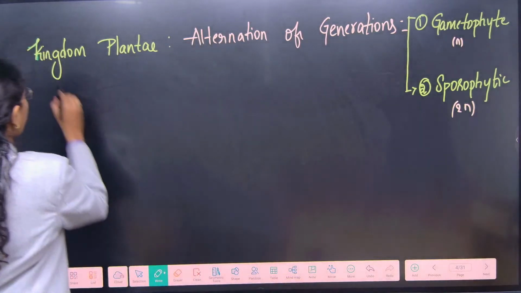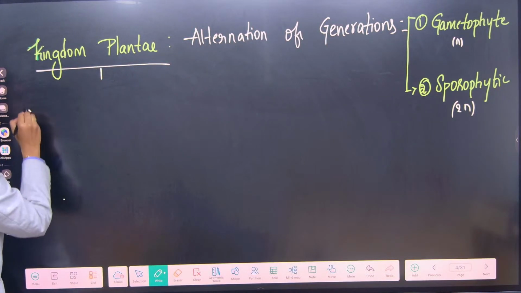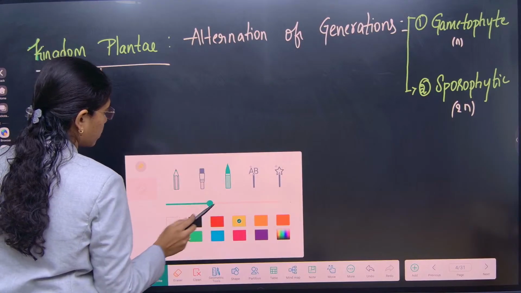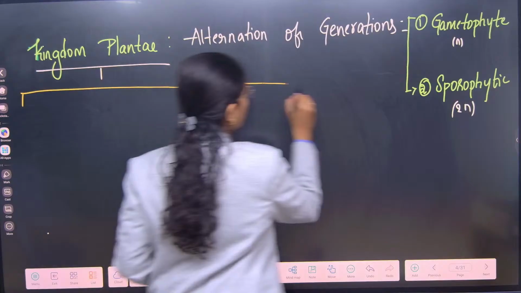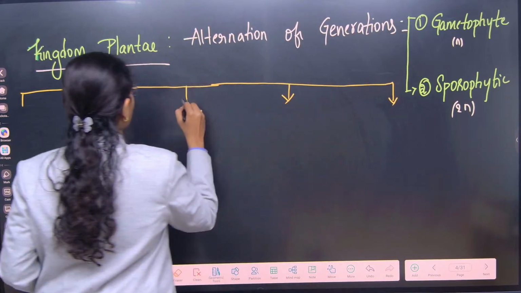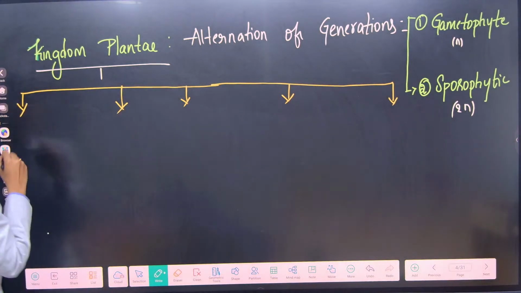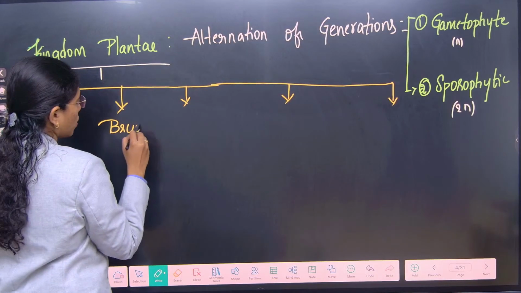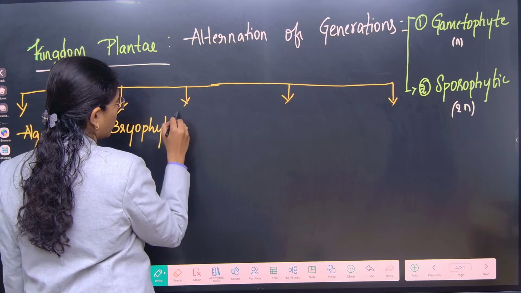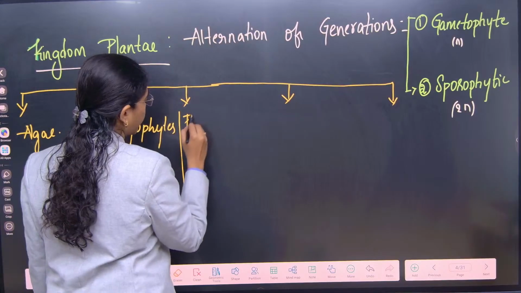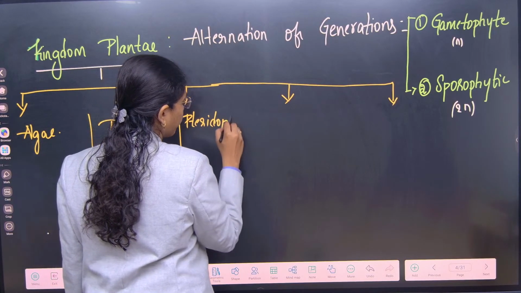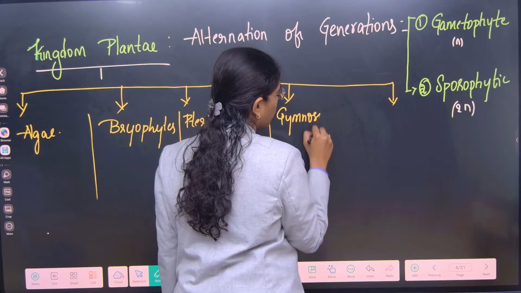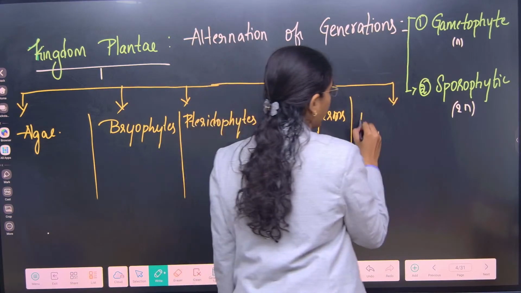Here if you observe the first division, division algae, then bryophytes, then pteridophytes, gymnosperms, and then angiosperms.